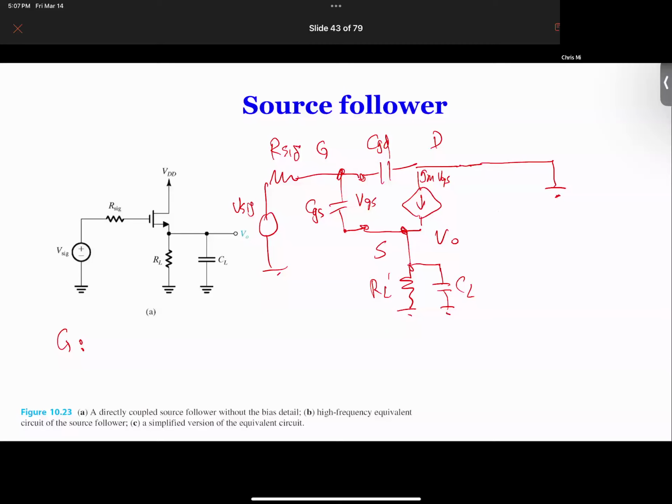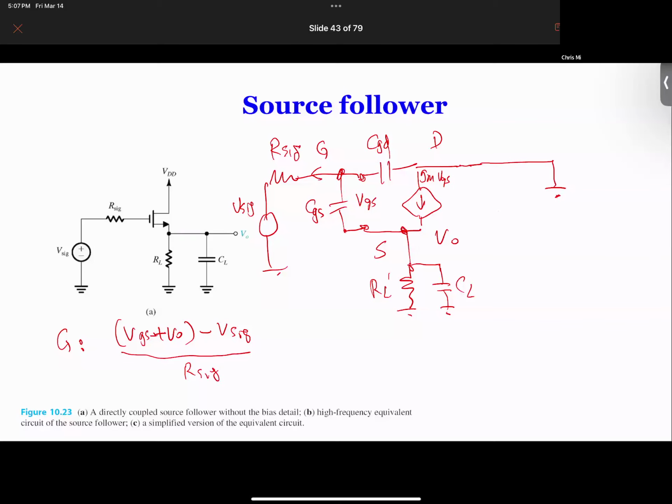Now this is ground, and this is VO, and VGS is between G and S, right? So that's one critical point. Now sometimes when students start to write node equations, they simply use VGS minus VSIG. That's in the common source, which is correct, but in this case, actually not correct. So we need to write VGS plus VO, that's the VG, minus VSIG divided by RSIG.